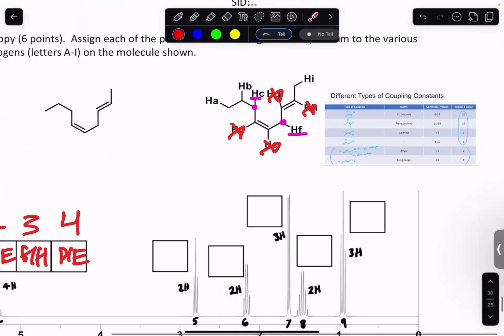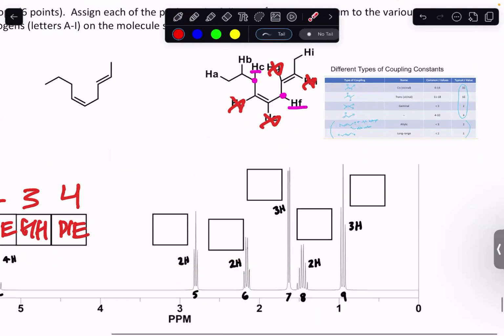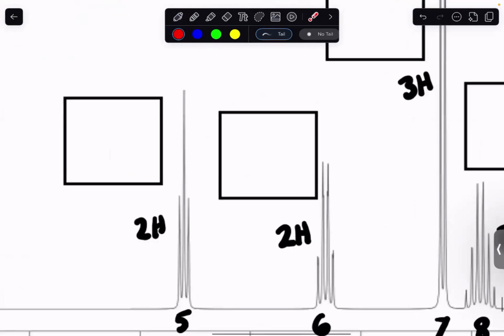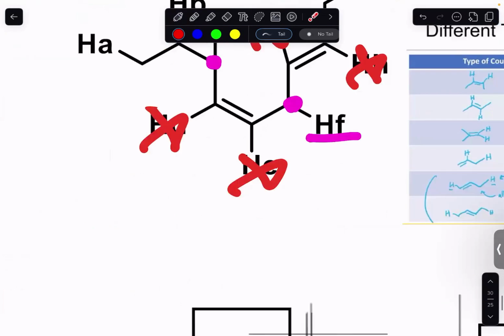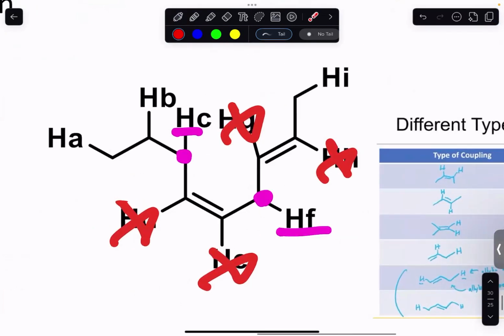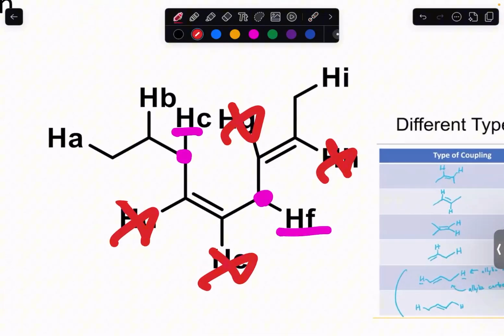Now, let's read the number of neighbors. How many neighbors does this peak 5 have? 2 neighbors. Yes, because there's 3 subpeaks. Which one has 2 neighbors, C or F? F, right.